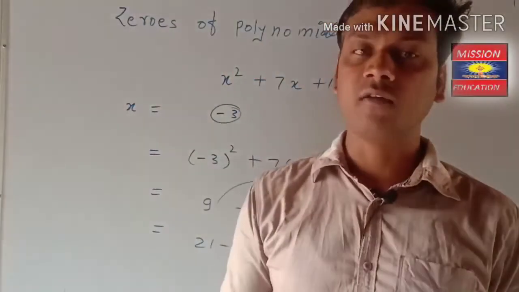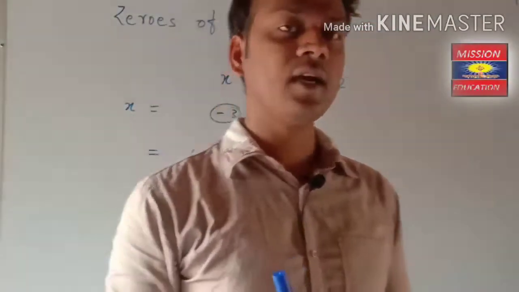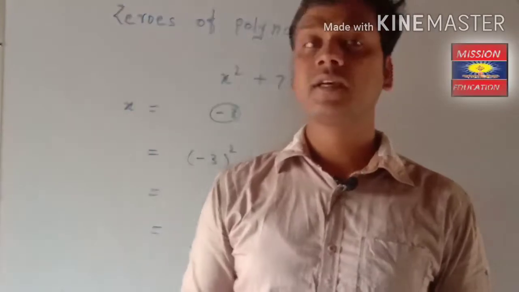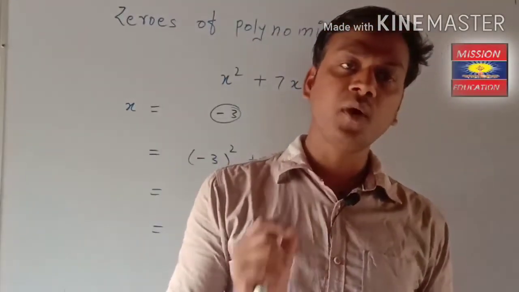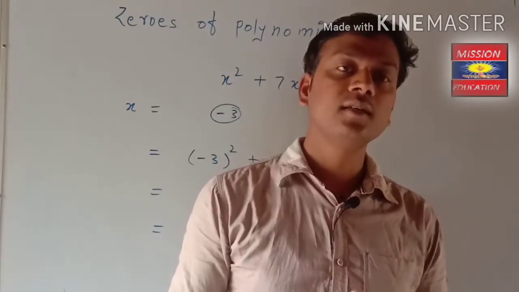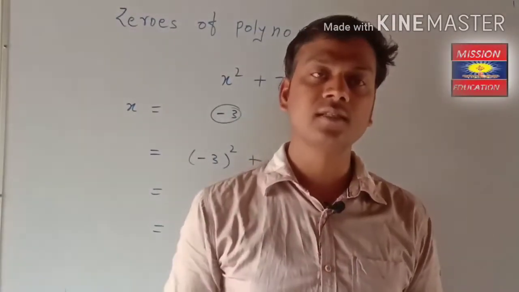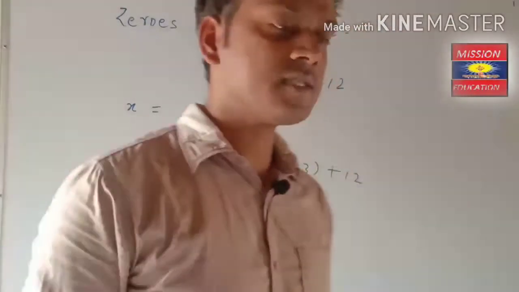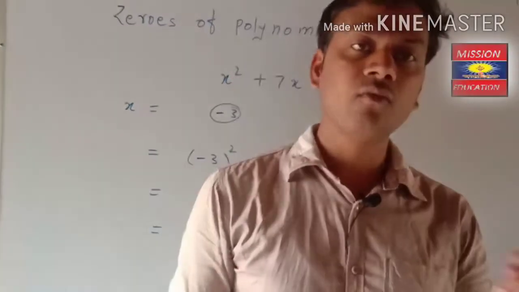Similarly in our graph, what is the meaning of zeros? In our graph, zeros means it is a particular point where the direction of the graph will start to change, or touch the x-axis or y-axis.